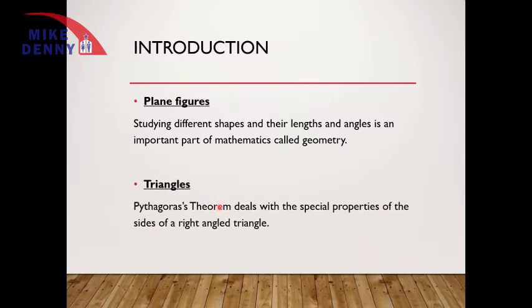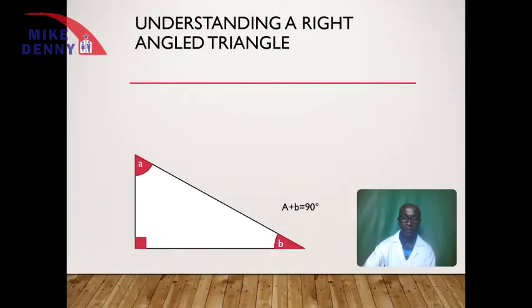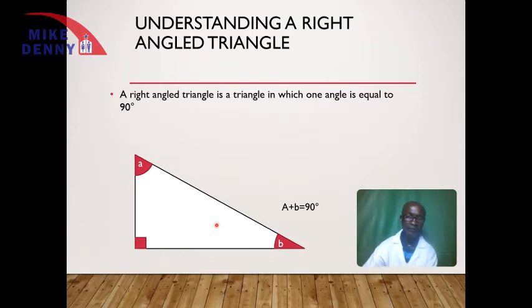Then Pythagoras' theorem deals with special properties of the sides of a right-angled triangle, and that's why we link the right-angled triangle with Pythagoras' theorem. So let's understand what a right-angled triangle is.